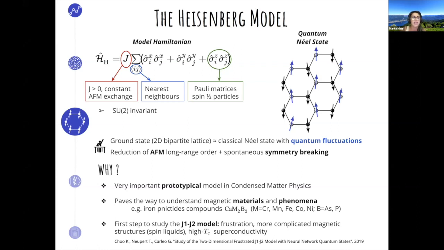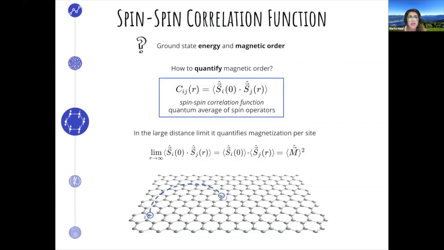So this is a first step to then go to the problem of frustrated models, where the magnetic structure of the ground state is not just this simple anti-aligned structure, but more complicated magnetic structures. And this is interesting also from a practical point of view to study high temperature superconductivity.